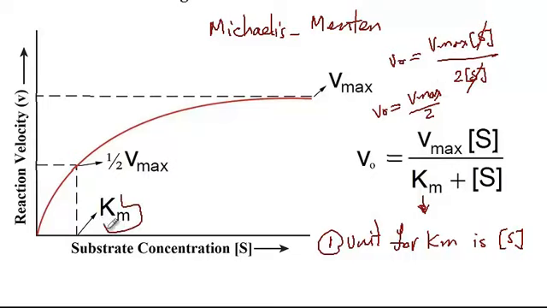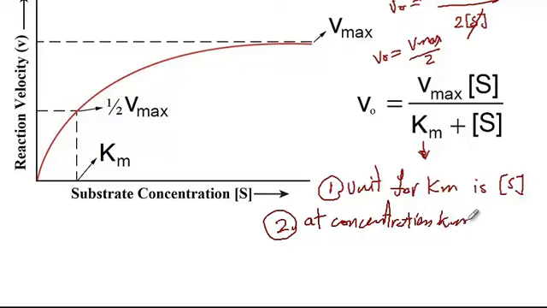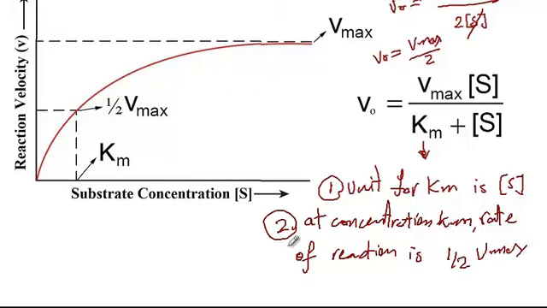So that's the second important concept: at concentration Km, the rate of reaction is half of Vmax.